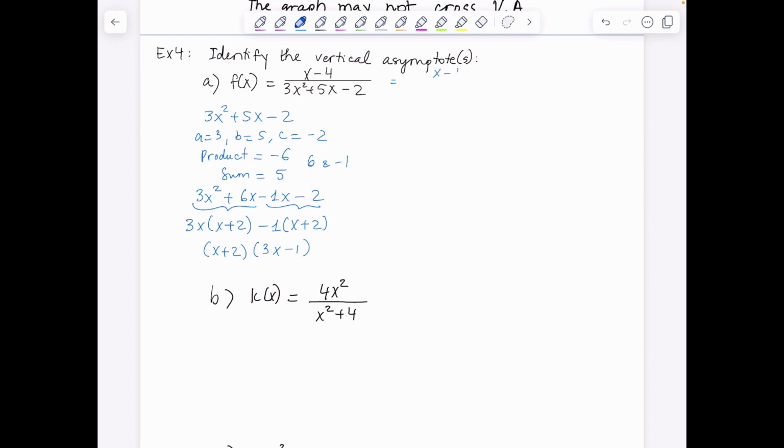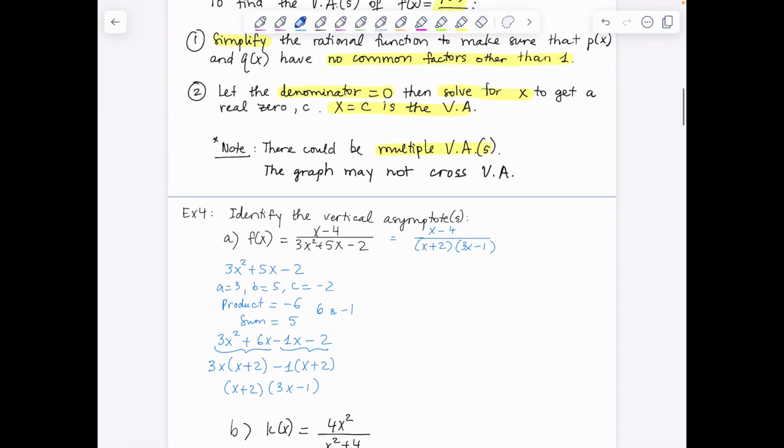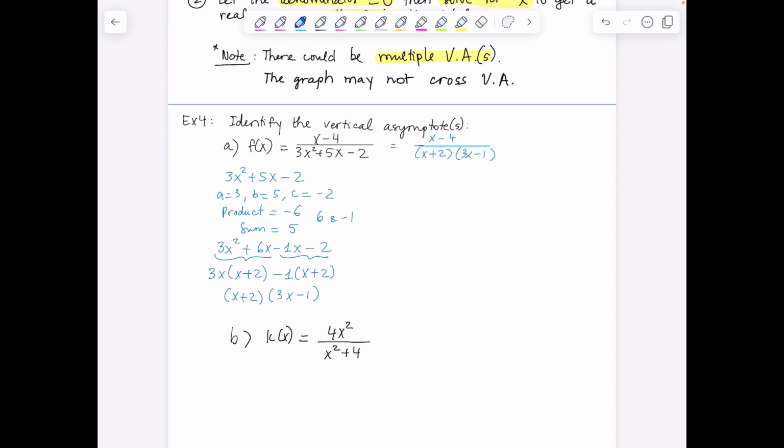Now we are going to put the factored form in here. The numerator cannot be factored, so keep that the same. The denominator is x plus 2 times 3x minus 1. I don't see any common factor to cancel, so we completed step 1. Step 2 is to let the denominator equal 0, so we're going to let x plus 2 times 3x minus 1 equal 0.